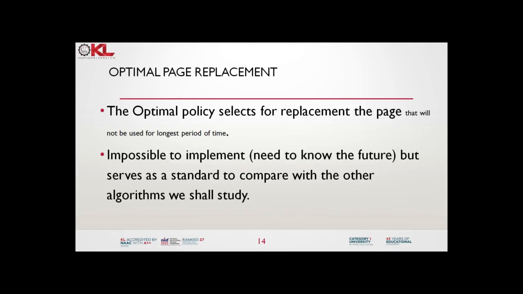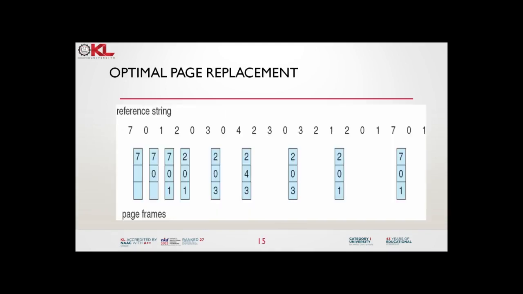So let us see. This 2 is going to be accommodated somewhere here. I have chosen 7. Why? Because if you see this 7 in the future, it is needed only after the longest period; very recently I am not going to take up this page, and there is no use for that page in my memory.